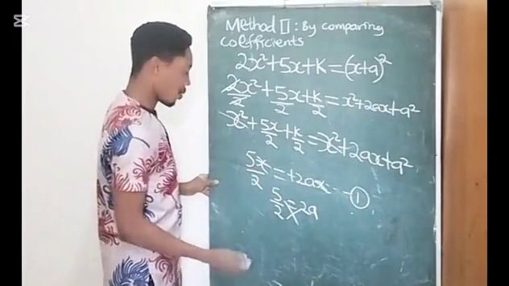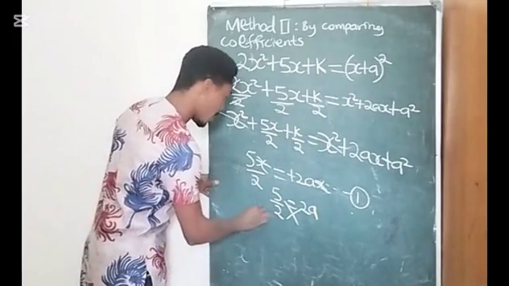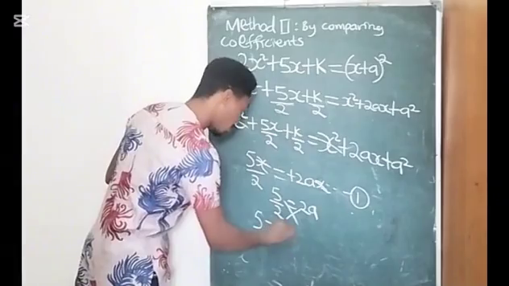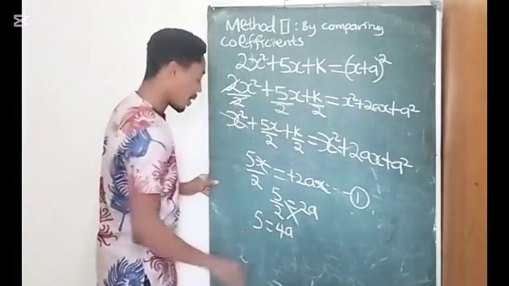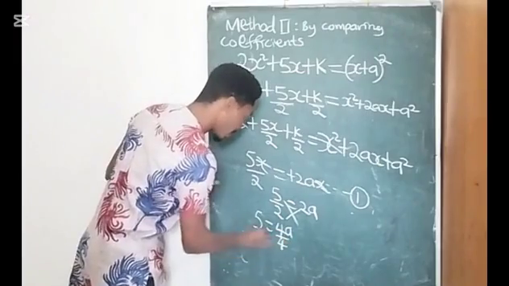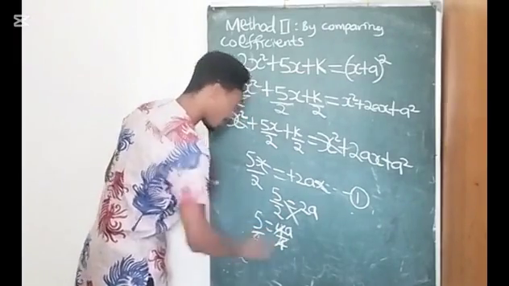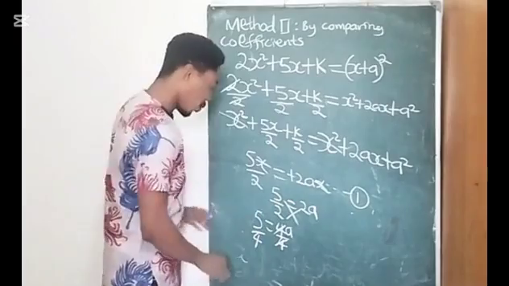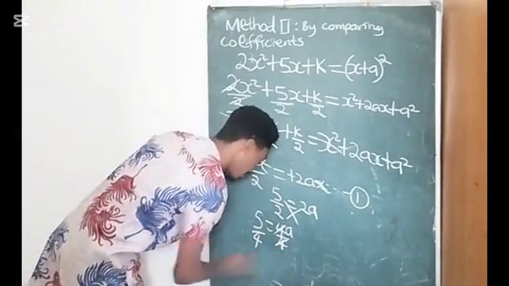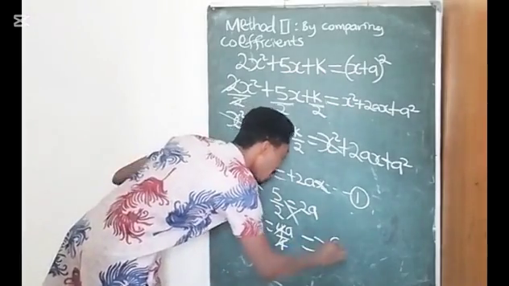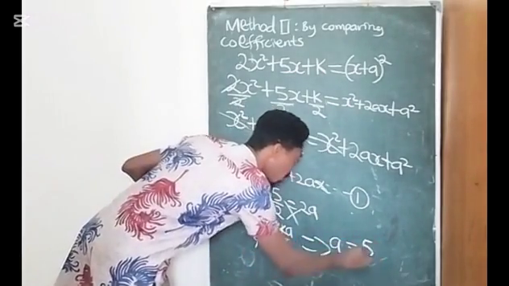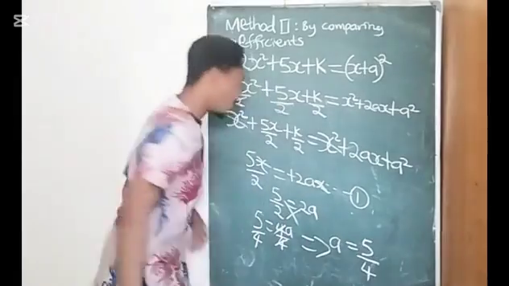By cross multiplying, I want to find a, I'm going to have 5 equals 4a. So a is obviously 5 over 4.